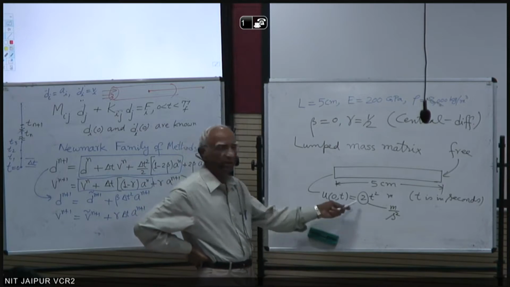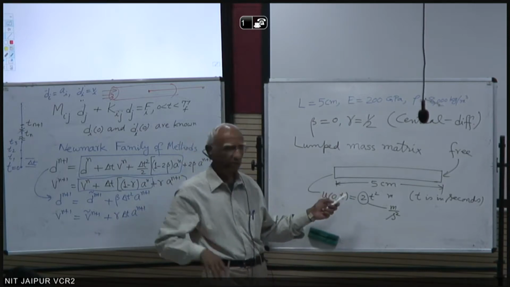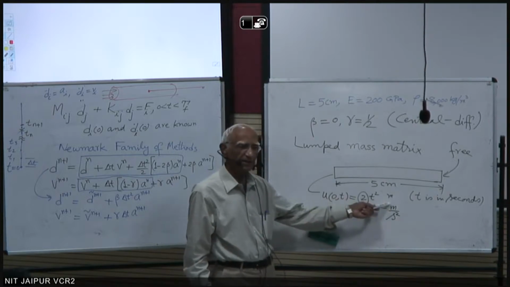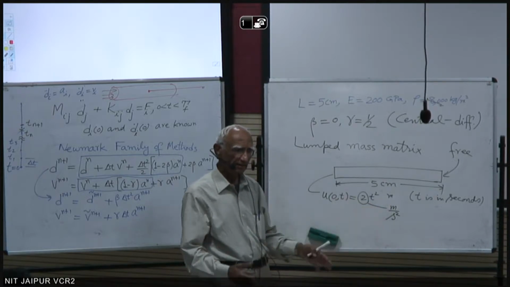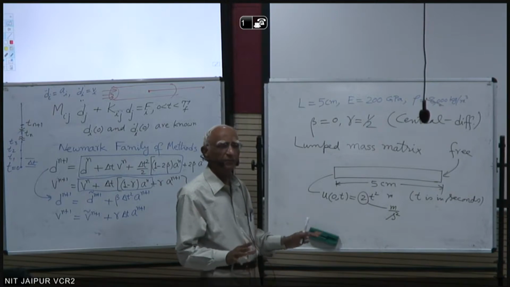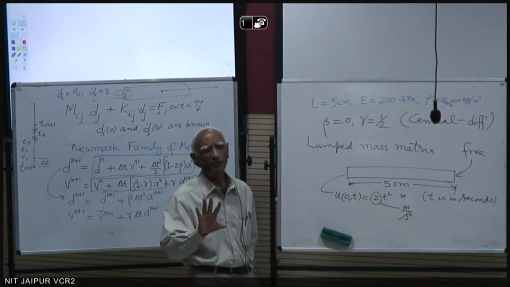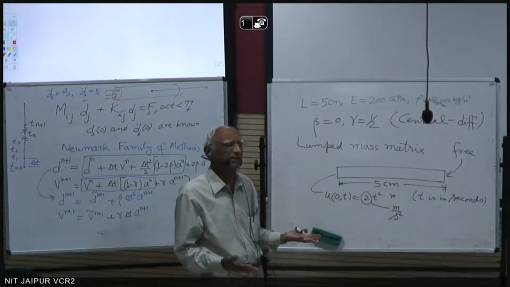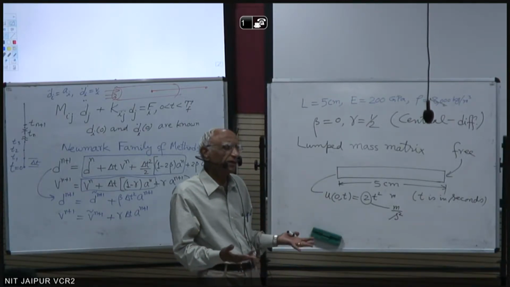If this number is 2 meter over second squared and this number is in seconds, then this has units of meters, and it is fast enough. We may get in trouble. If we get in trouble, we will lower it. Instead of saying 2t², we might say 2/1000 t².